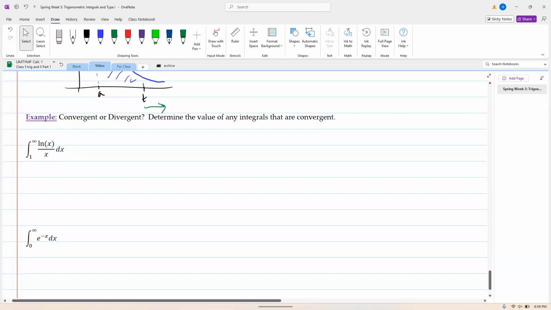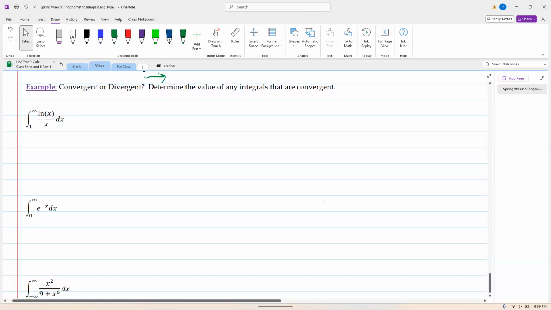So for each of these integrals, we'll do a couple together. We're going to look and see: if we bound it from a number to t, or t to a number, does it exist? And then if it does, slap a limit on it, and see what we get for the convergence.